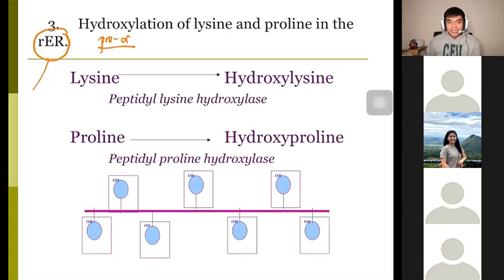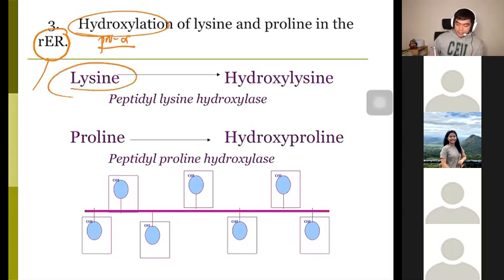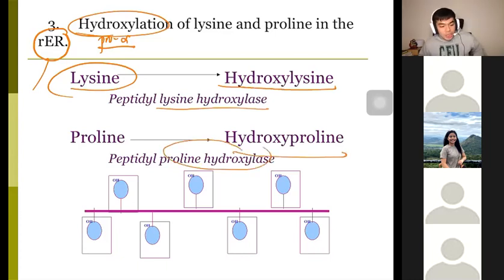Yung isang residue ay ini-improve o kino-convert into a stronger version. So that involves hydroxylation already. Hydroxylation of lysine and also proline. For lysine, via the enzyme lysyl hydroxylase, that causes formation of hydroxylysine. And then yung proline na residue naman, ginagawang hydroxyproline by the prolyl hydroxylase.